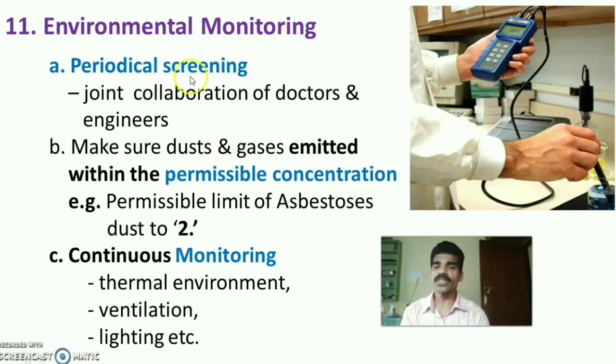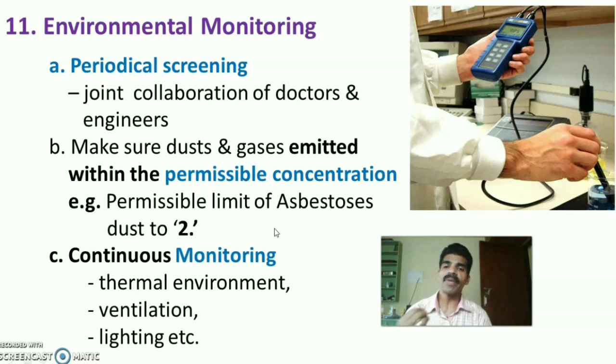The 11th engineering measure is environmental monitoring. Environmental monitoring includes periodical screening. So the screening of the environment of the factory or industry by joint collaboration or cooperation of doctors and engineers in the industry and factory. Then periodically make sure the dust and gases emitted from the industry or factory are within the permissible concentration. For example, the permissible limit of asbestos dust is 2.